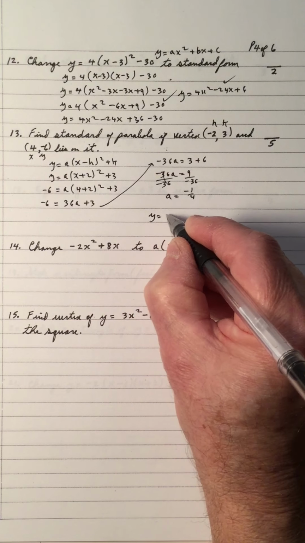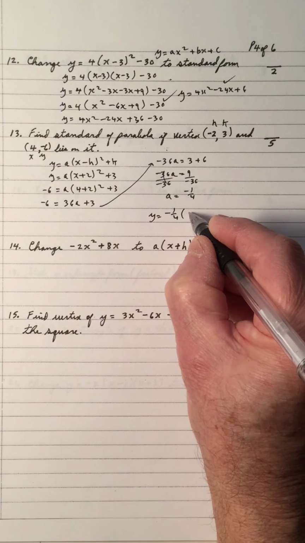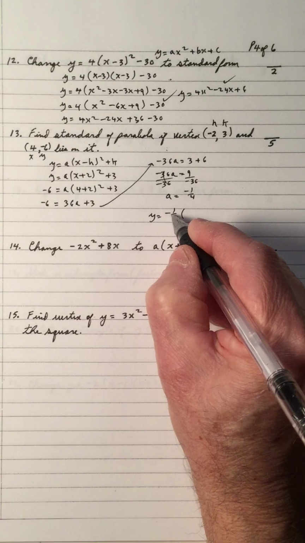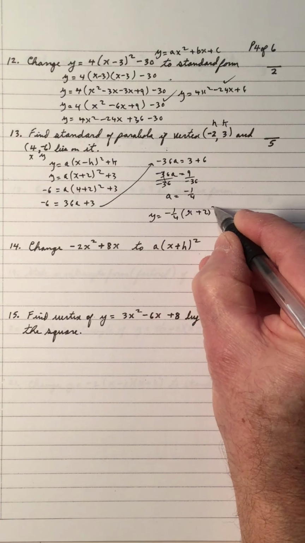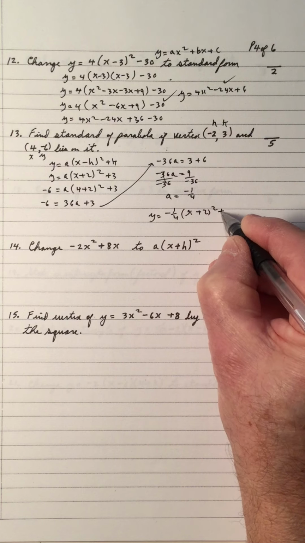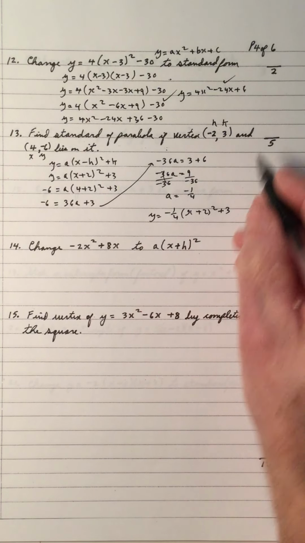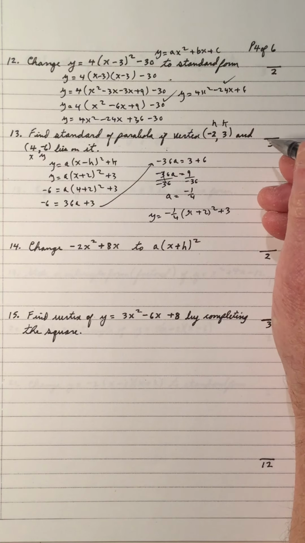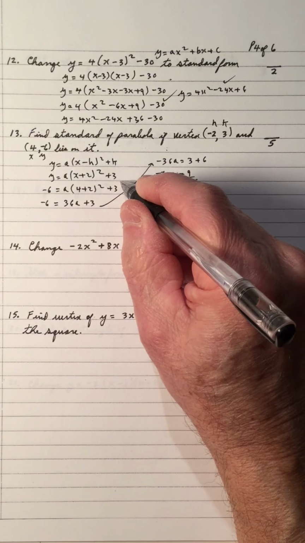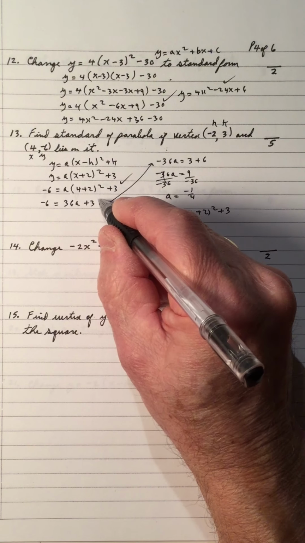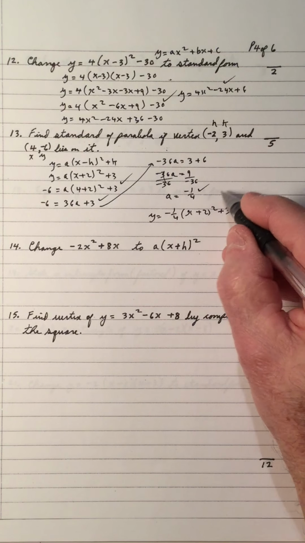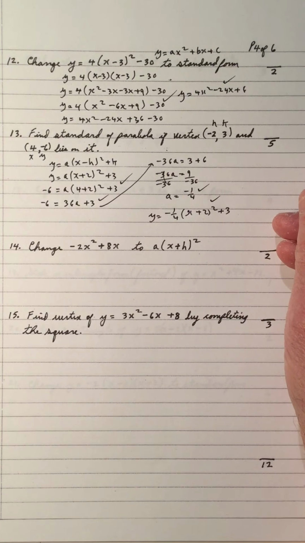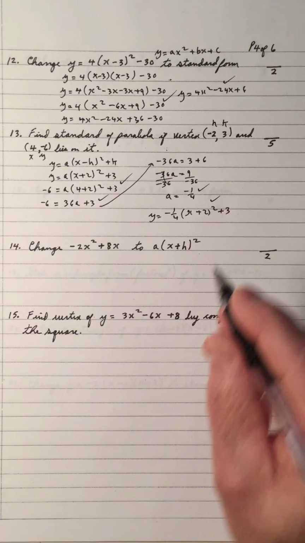So a is negative 1/4, and I have y equals negative 1/4 (x plus 2) squared plus 3. And I got 5 marks. If you substitute these in, you get this mark. If you square this out, you get that mark. If you work it out to be negative 1/4, you get a mark. If you get this equation correct, you get 2 marks, 5 altogether.